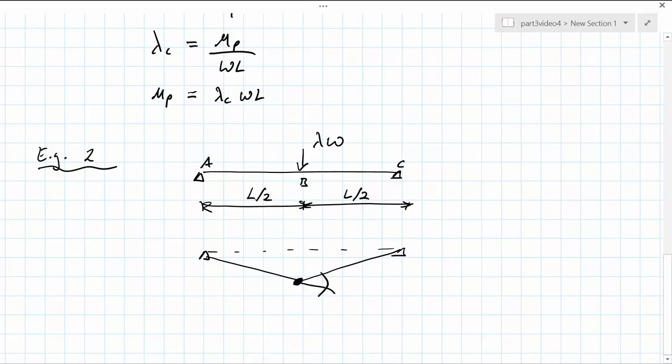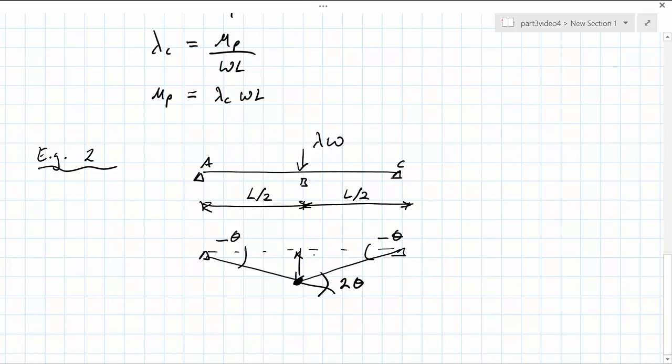We can calculate the angle of rotation at the center of the beam, where the plastic hinge occurs, by considering the angles at the end of the beam, which in this case are both minus theta. The angle then at the plastic hinge location is just the sum of these, which is 2 theta.